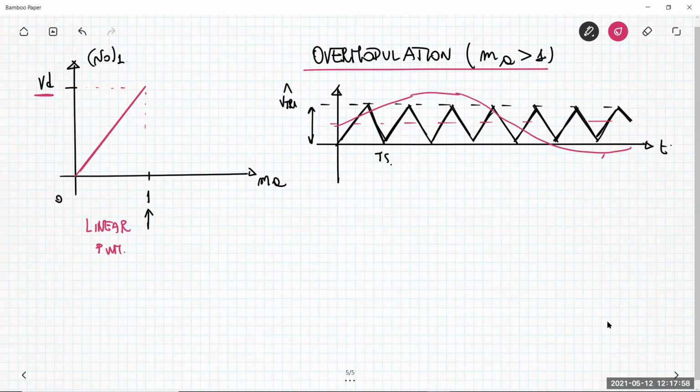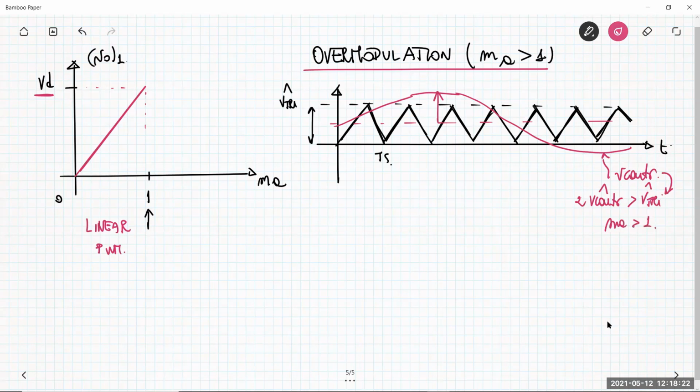This is a sine wave, this is the control voltage, but now the peak-to-peak value, so 2 times V control peak, is larger than V triangular peak value. So MA is larger than 1, if you want.